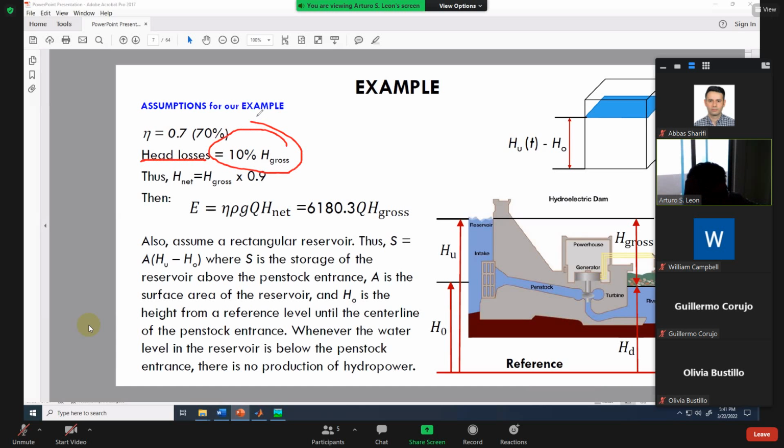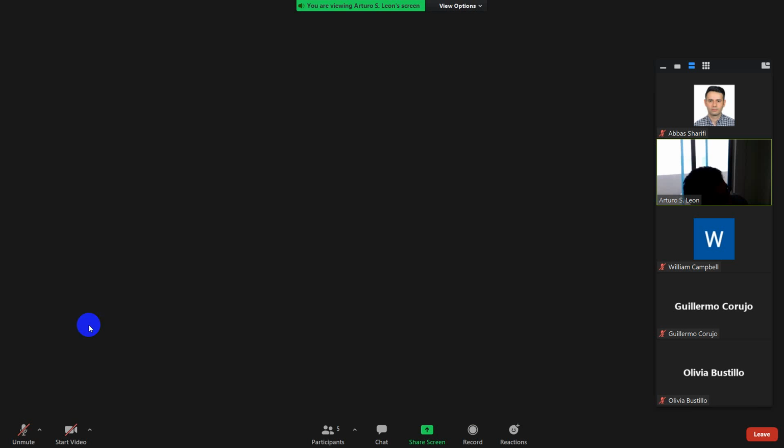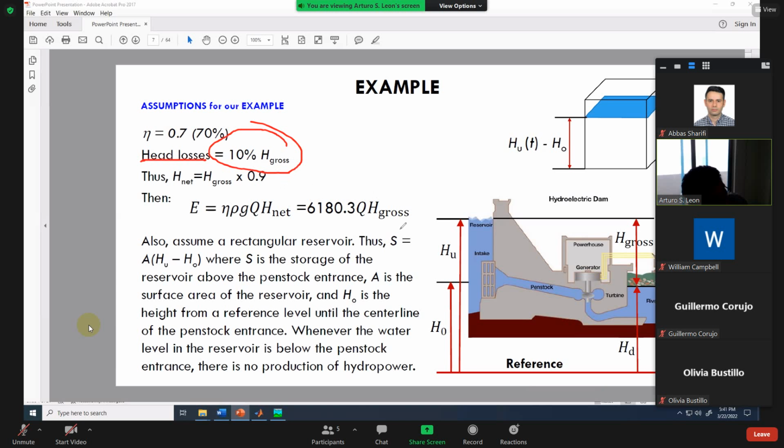However, if you want to apply this to a real system, you can calculate the head losses, because you can apply, for example, the Moody equation, and calculate how much losses you will have. Maybe you have 8%, 10%, 12%, and you can correct that. But here, I'm going to assume that my head losses are 10% of the gross head. What is the gross head?